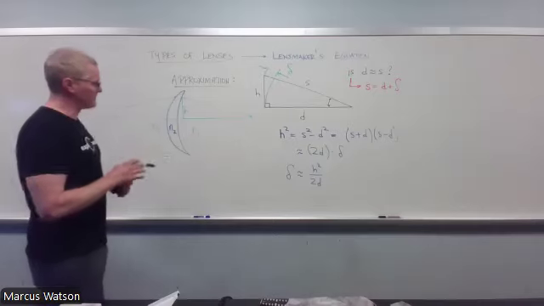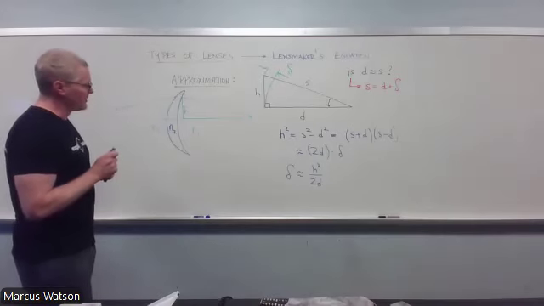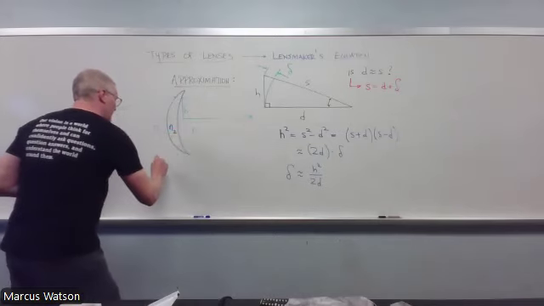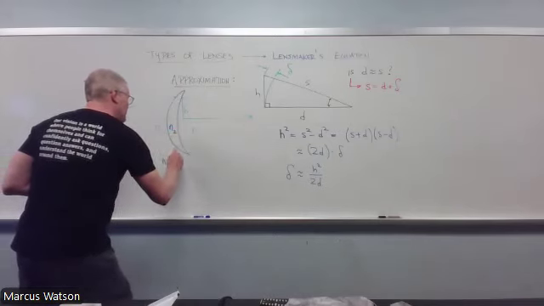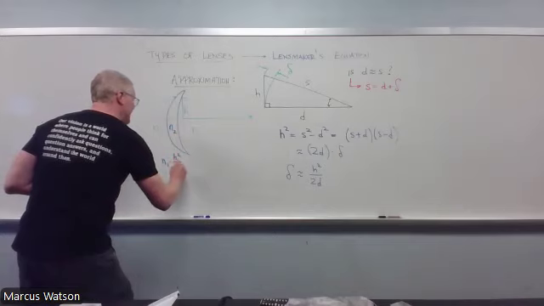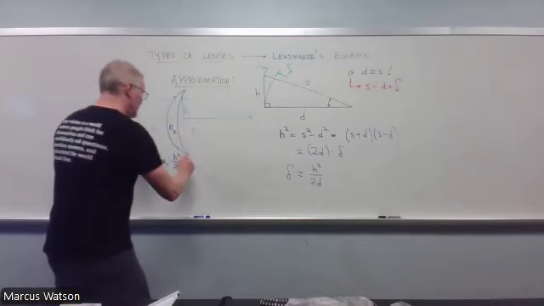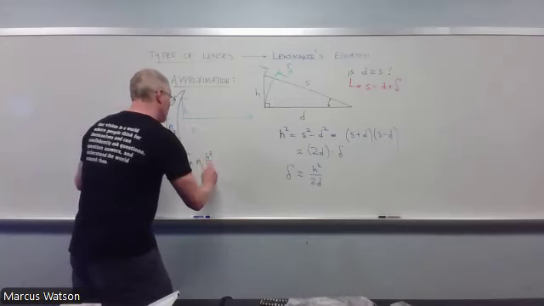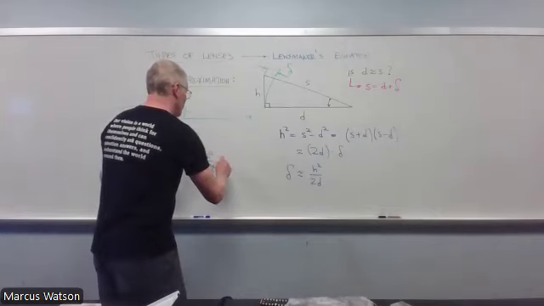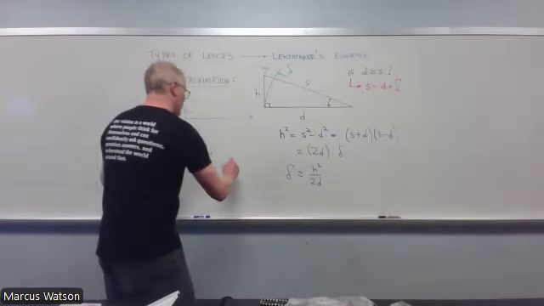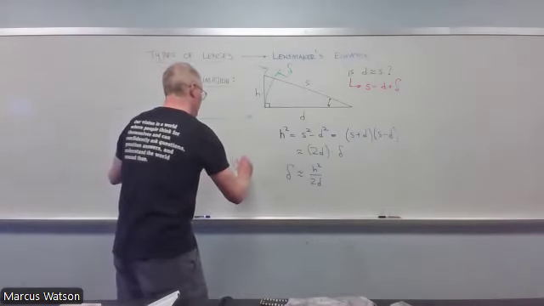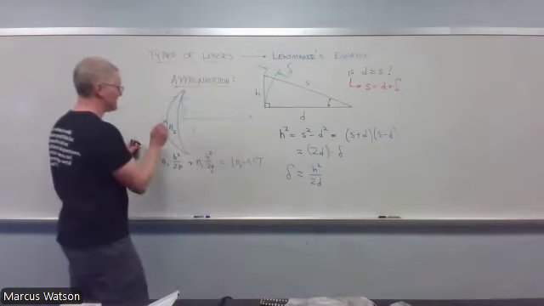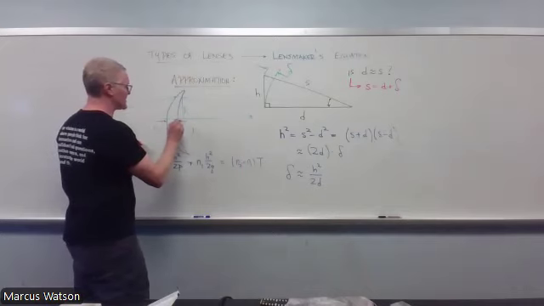So, using this approximation, I could say that N1 multiplying h squared over 2p, that's my object distance, plus N1 times h squared over 2q should equal N2 minus N1 times the thickness T of the lens, which is this thickness right here.